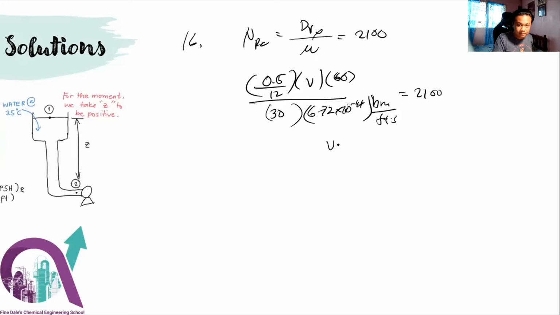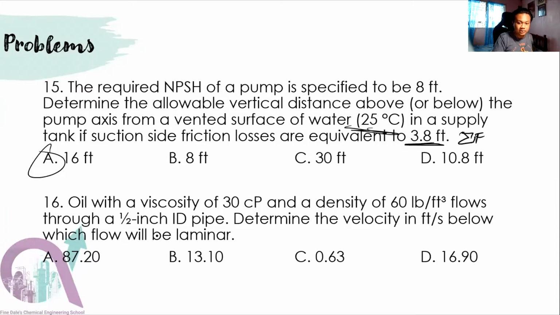Reynolds number 2100. Shift solve to find v. You have 16.9 feet per second. So you have letter D.